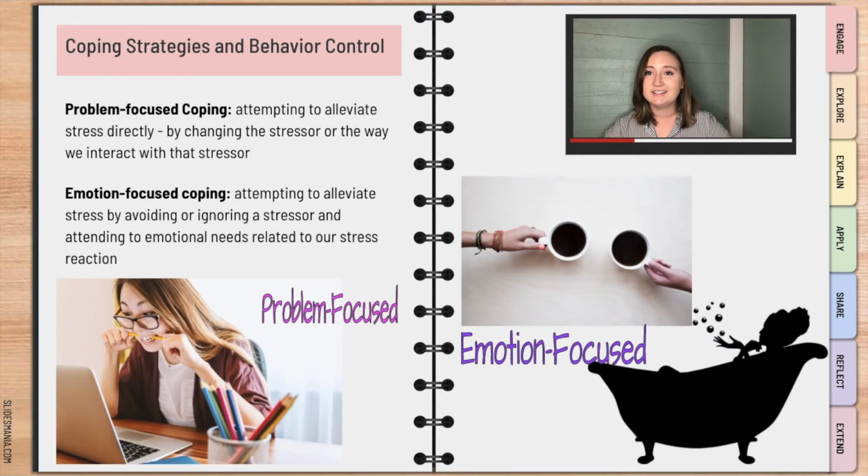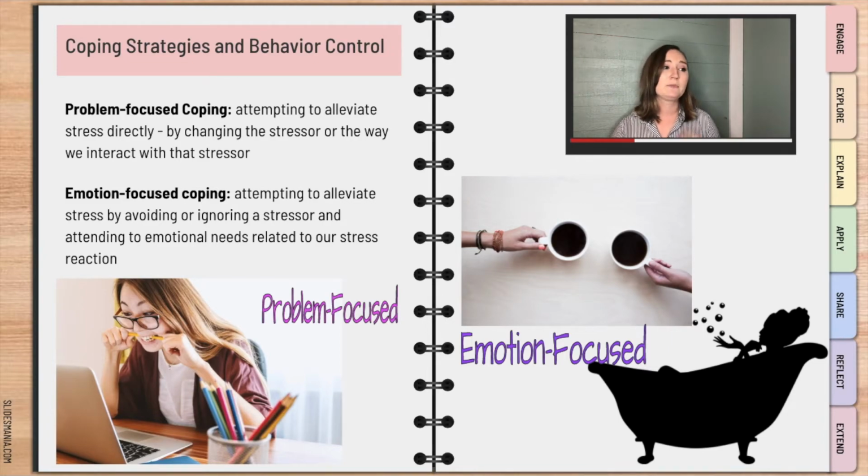Coping strategies. We talked about emotional coping earlier, but let's talk about problem-focused coping. Problem-focused coping is attempting to alleviate stress directly by changing the stressor or the way we interact with the stressor. So let's say you have 1,000 pieces of homework, it is sitting down and conquering the homework.